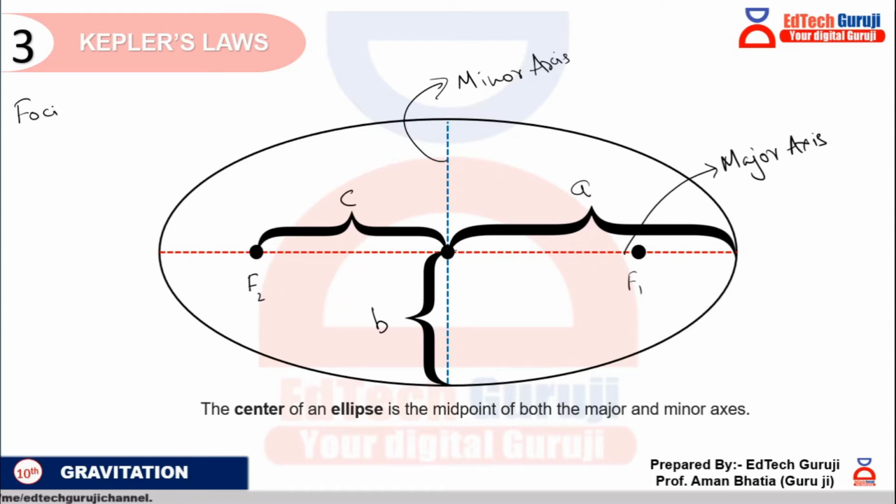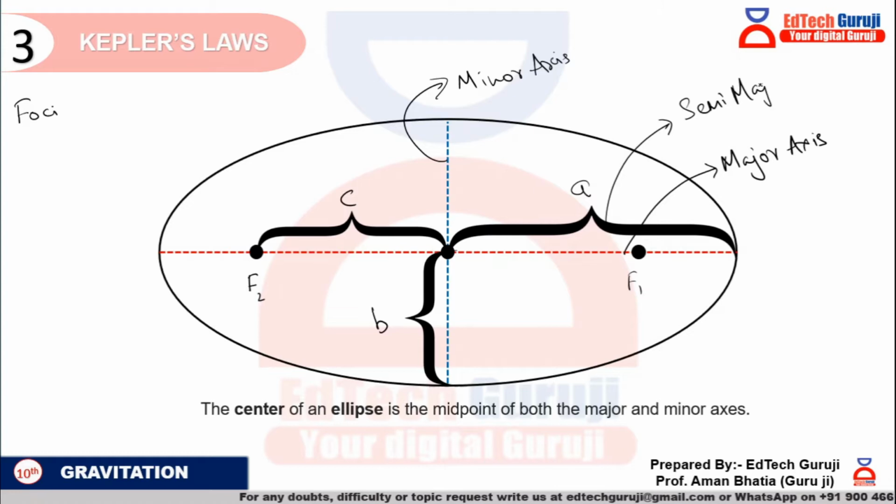A, B and C are three important things in an ellipse. What is A? A is called the semi-major axis. This is half of the major axis. Likewise, what is B?